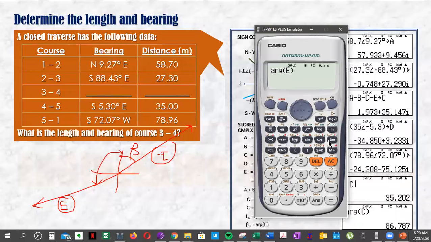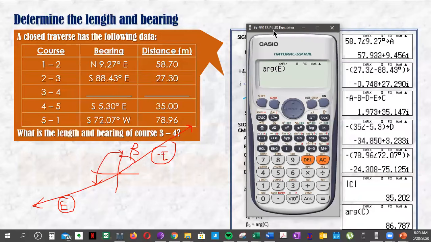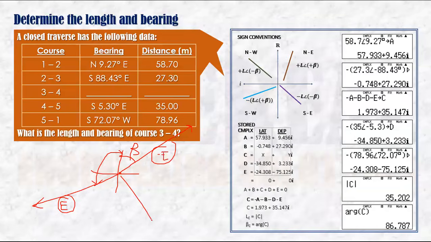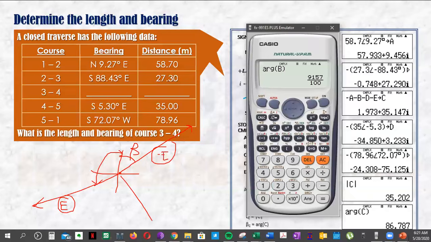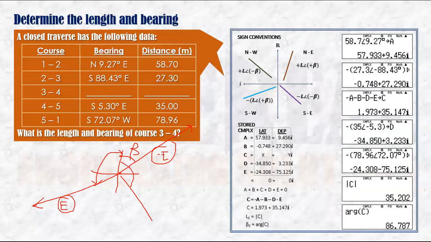Now, if I try to approximate that, 107.93, negative 107. See? It is negative because its direction went counterclockwise relative to the north. If I calculate the bearing, let's say this is the unknown, using the argument of B, for sure it will give me an angle. Sorry, this is southeast, southeast. So since that's the case, its angle is still based from the north, but it exceeds 90 degrees.